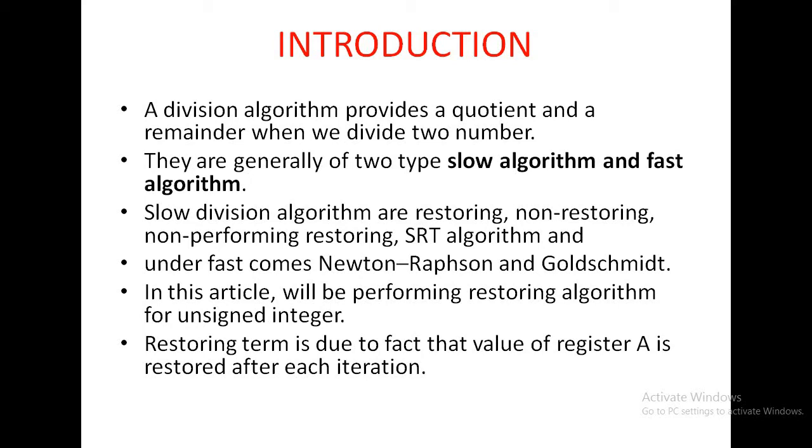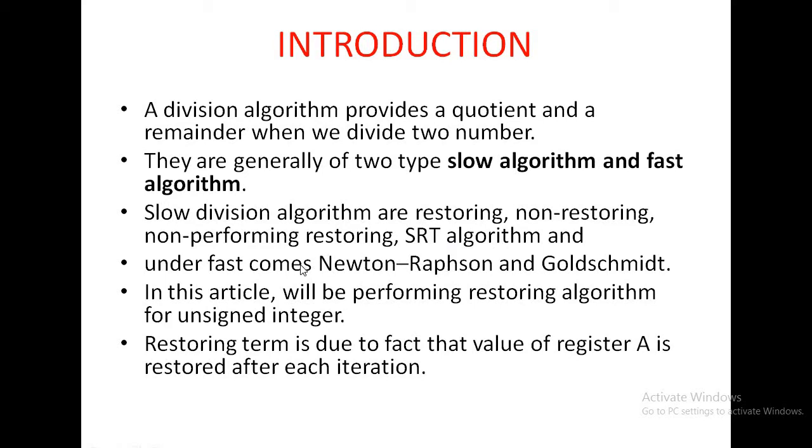In general, there are two types of division algorithms. First is known as the slow algorithm, and the next one is known as the fast algorithm. Slow division algorithms are the restoring division algorithm, non-restoring division algorithm, non-performing restoring division algorithm, and SRT algorithm.